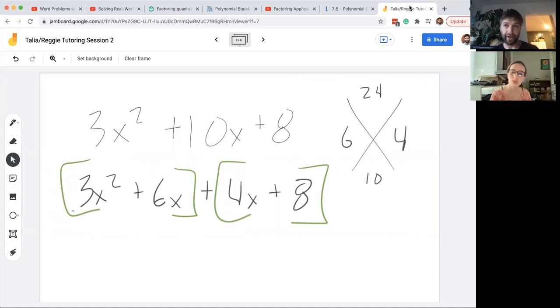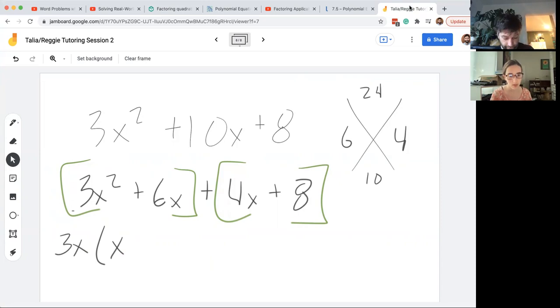What's the greatest common factor of 3 and 6? 3. So 3x. 3x times what would leave us 3x squared plus 6x?